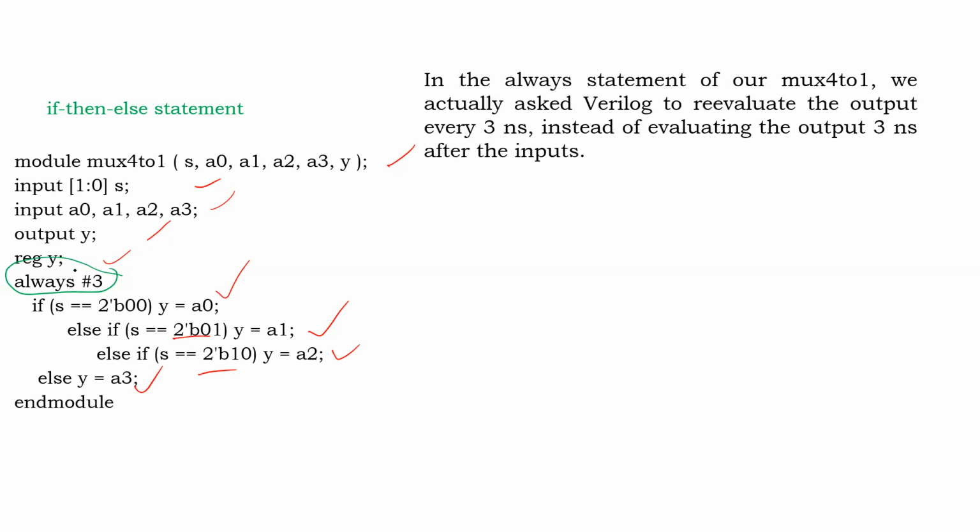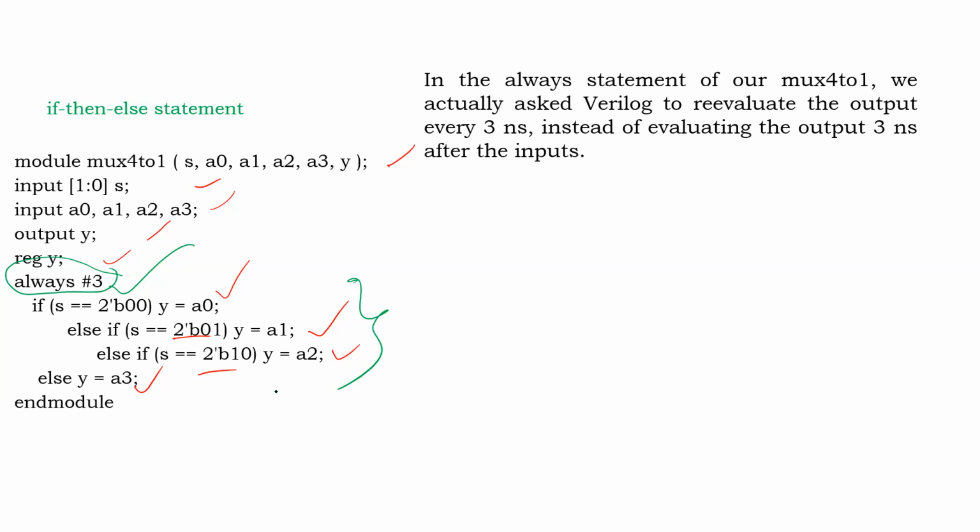In the always statement of this 4 to 1 mux, we actually asked Verilog to reevaluate the output every 3 nanoseconds. Always as 3 means all the statements in the always block should be evaluated after every 3 nanoseconds.